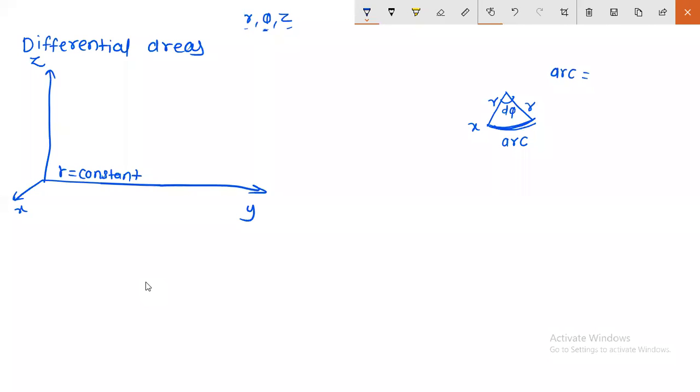So this arc length is nothing but radius into angle, which is equal to r d phi.